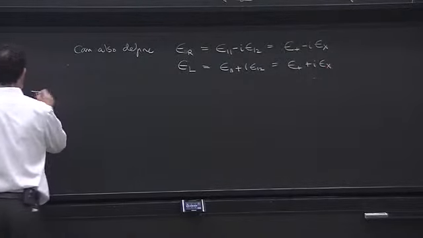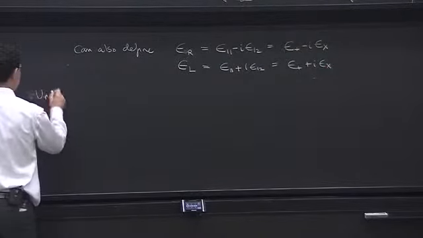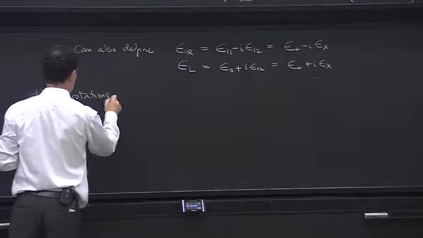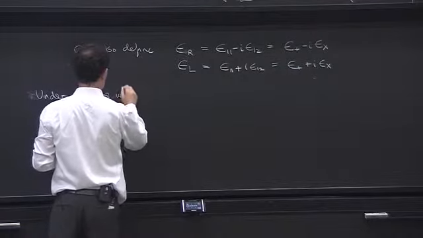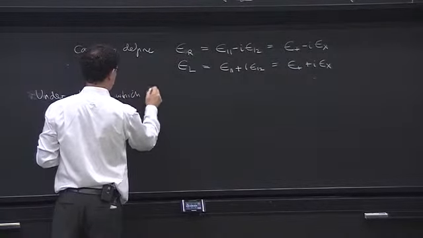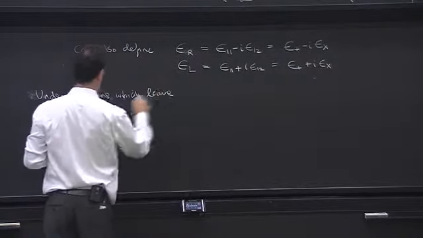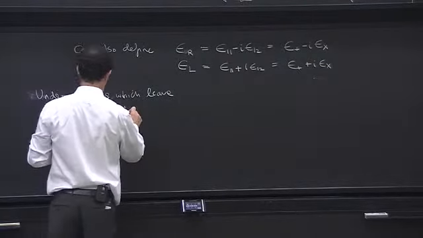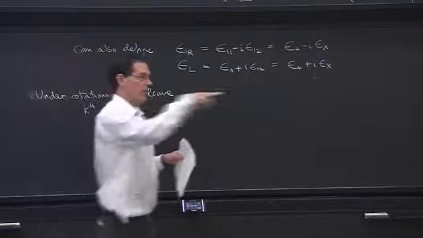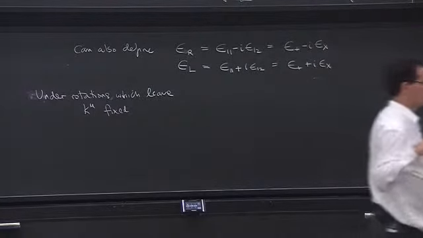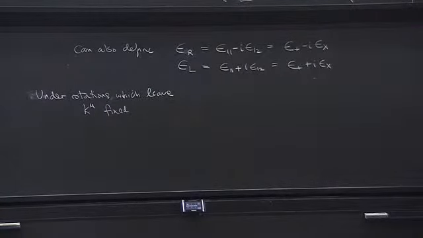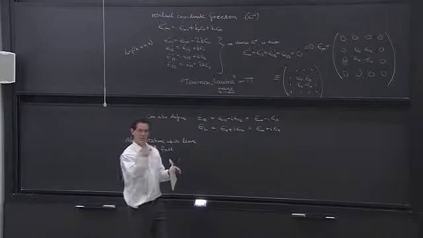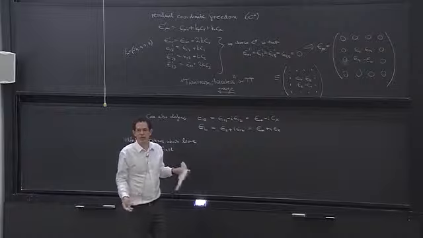Now, if you do rotations which leave k mu fixed. Okay, so k mu is this 4 vector, but it has a spatial component in the z direction. Now it's clear that if I do a rotation around the z direction, it doesn't change k.